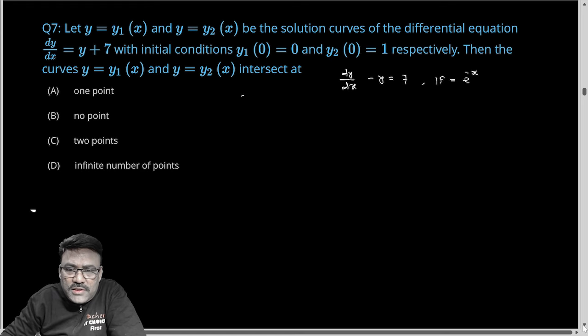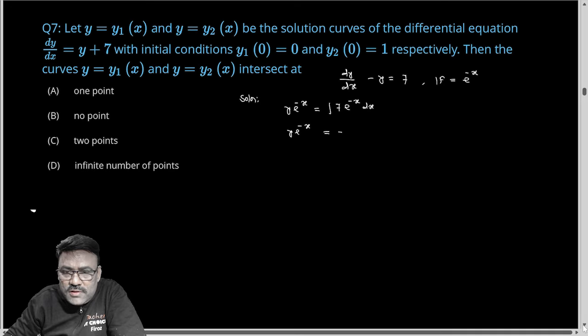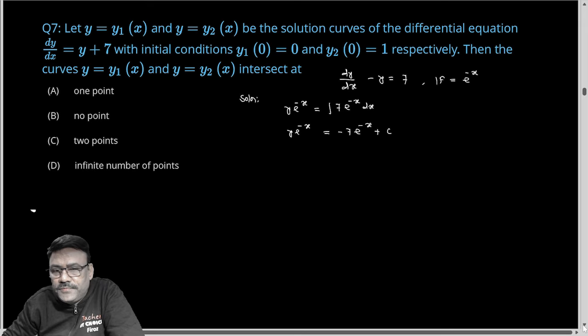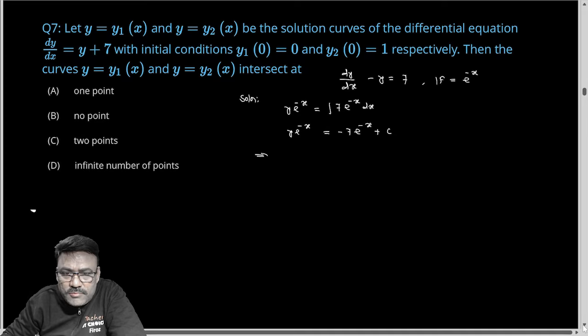Hence I can write its solution as y into integrating factor equals the integral of q into integrating factor. Now if I integrate the right side, I'm getting y e raised to minus x is minus 7 e raised to minus x plus some constant, let's say c. So ultimately I'm getting y = c e raised to x minus 7.